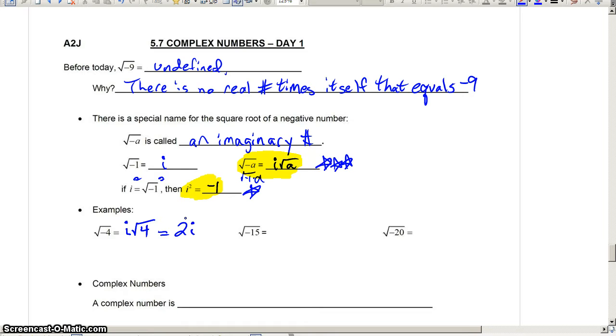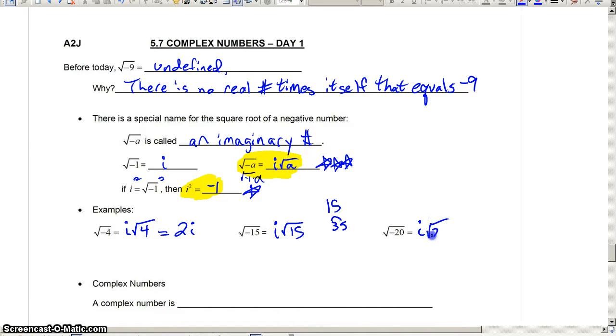Just as we've been doing all throughout algebra, if we have a variable multiplied with a number, we'll put the number out in front. If I have the square root of -15, I'm going to pull an i out here as well. Now 15, very simply, is 3 times 5. And we're not going to be able to find any of the same factors. You won't get two factors that you can pull out. That would be as simplified as we can go.